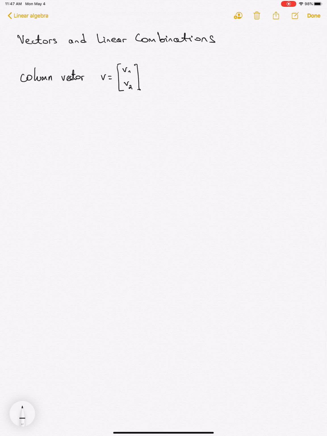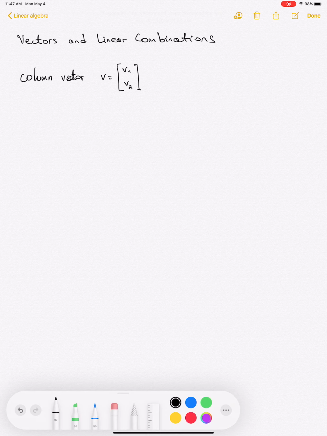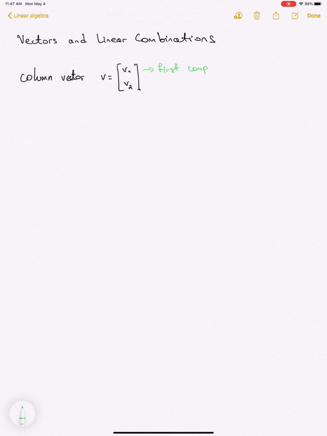We will refer to V1 as the first component of V, and V2 is the second component, where V1 and V2 are in fact some numbers.